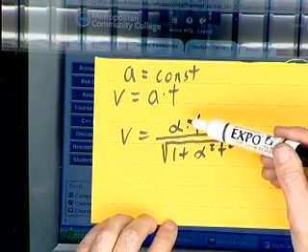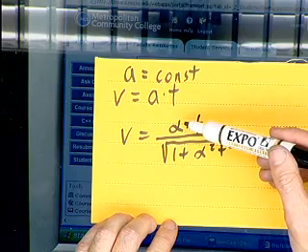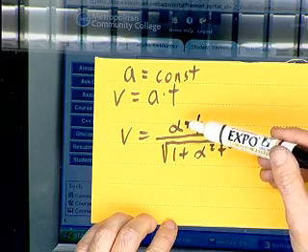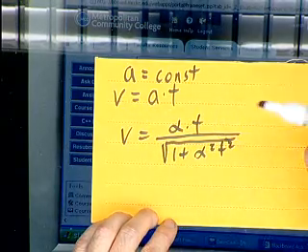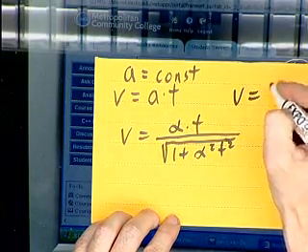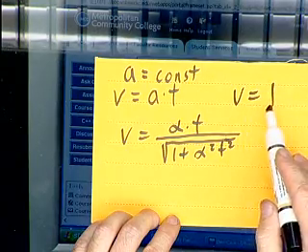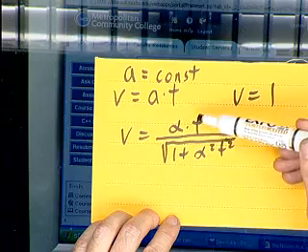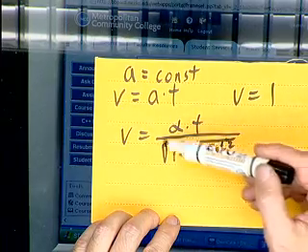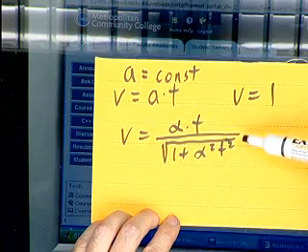However, I've changed the unit system to do what physicists normally do in this situation. They change what v means, the units of v, so that v equals 1 is the speed of light. And this formula that I just wrote has a limit of 1. As time gets really, really big, the largest this number can get is 1.